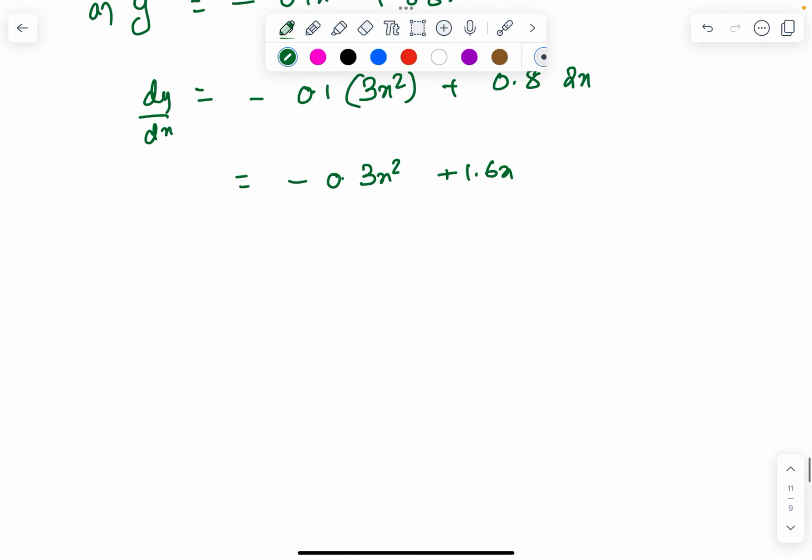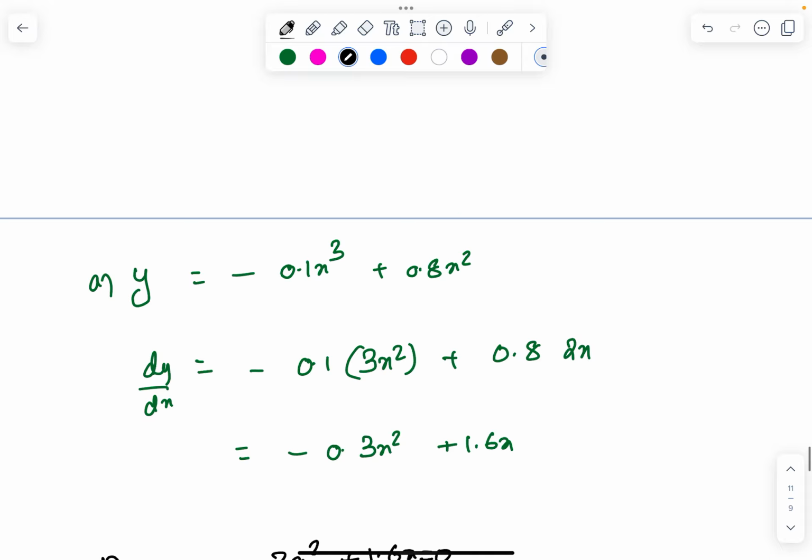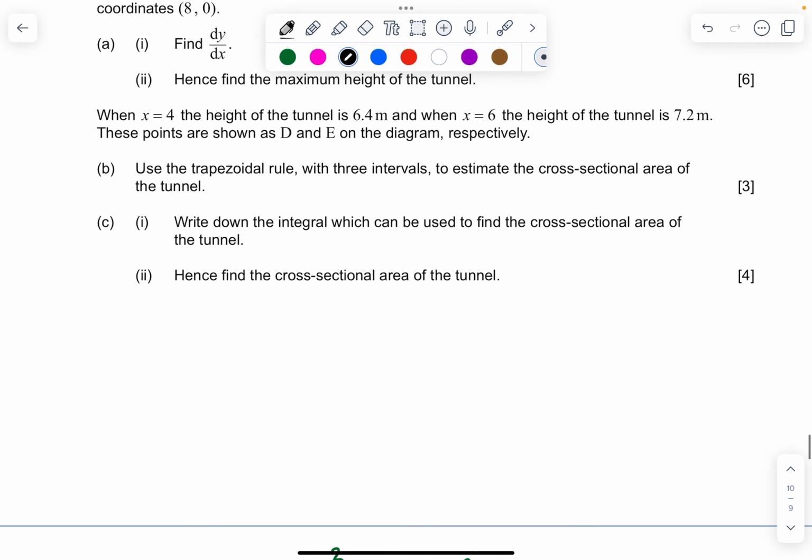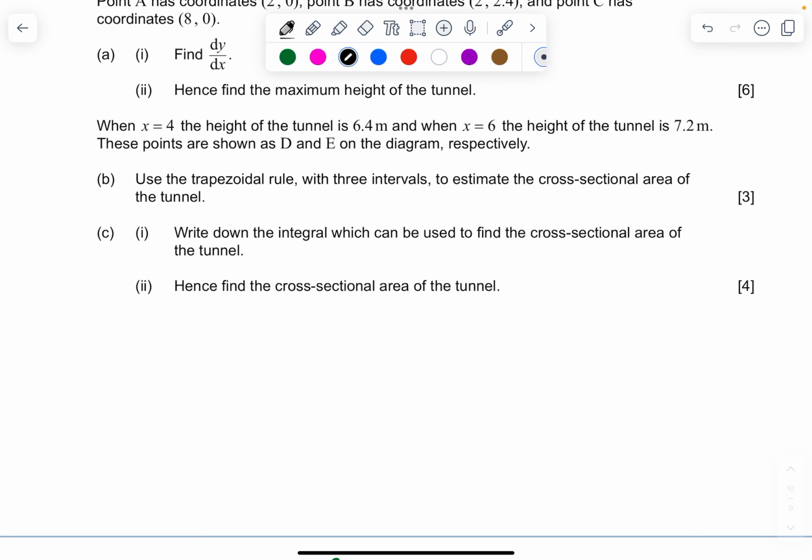Find the maximum height. For the maximum height, what should I be doing? Derivative should be equal to 0. Use the graphing calculator, you should be getting 5.33 or 16 upon 3. Then when x equals 4, the height of the tunnel is 6.4. When x equals 6, height of the tunnel is 7.2. These are the points on the diagram.